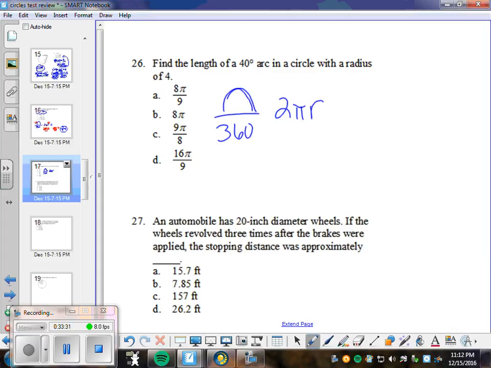You've got a 40-degree arc with a radius 4. So we've got 4 times 8 times 40. So 40 times 8, or 320 over 360. So simplify your fraction, math fraction, and it gives you 8 over 9 pi.